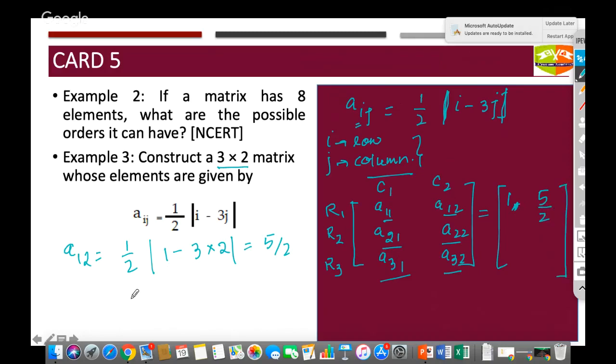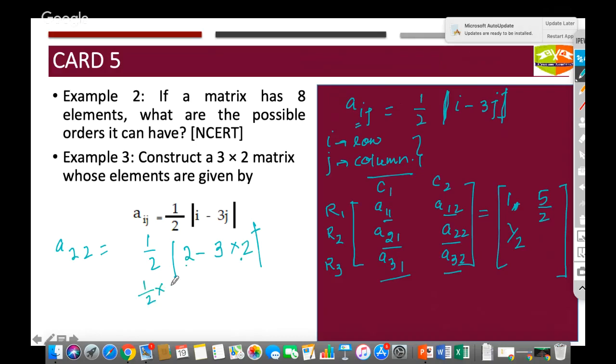Now A21 would be equal to 1 by 2, modulus of 2 minus 3 into 1, which is equal to 1 by 2 only, so I write this as 1 by 2. Now A22 would be equal to 1 by 2, modulus of 2 minus 3 into 2. So this comes out to be 2 minus 6, which is 4. So 1 by 2 into 4 will give me 2. So this will come out to be 2.